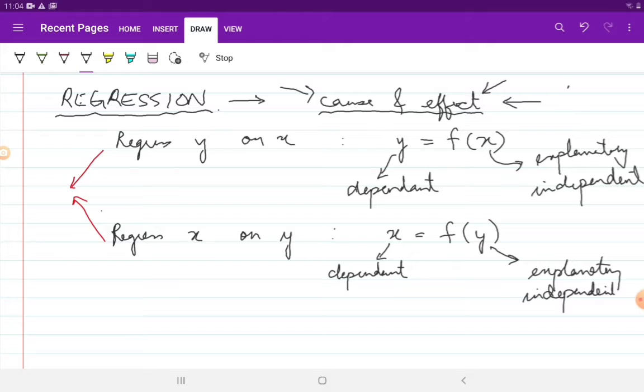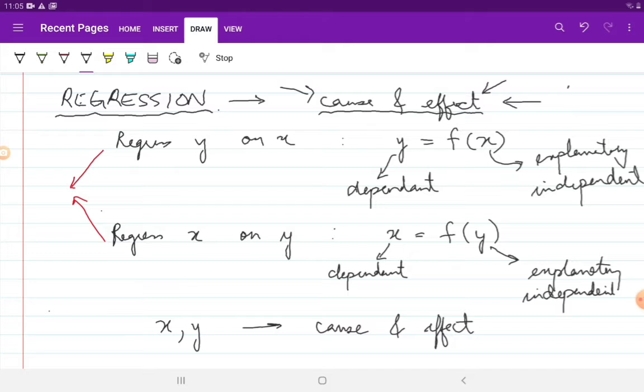We are not going to go into more details of multivariable regression models. That is all left for the basic econometrics elective in semester 6, I think, for you people. So we will simply deal with the two variable regression model where you have two variables x and y, and you're studying the cause and effect relationship between the two.